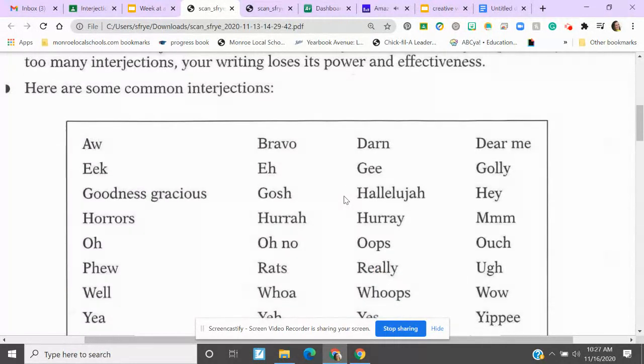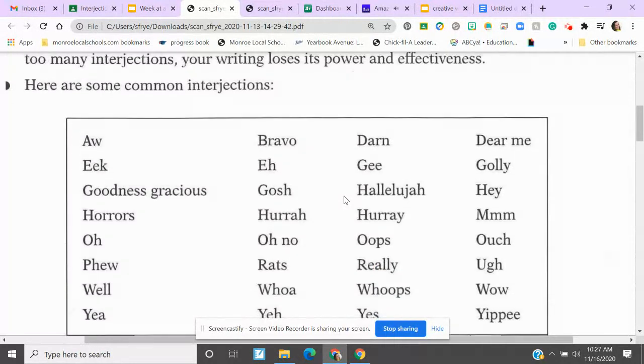But I never want to be reading your paper and see, oh no, comma, Juliet killed herself. That is not professional writing, right? Or golly gee, goodness gracious, that's a lot of poison. We don't need those kinds of things in formal writing.